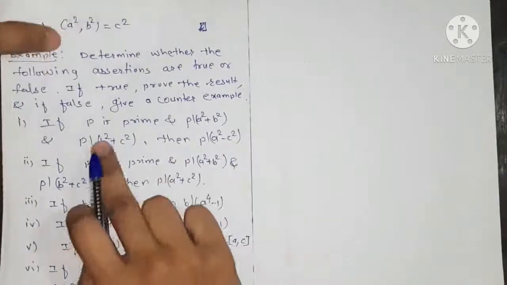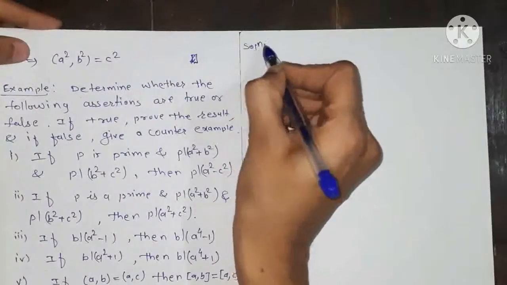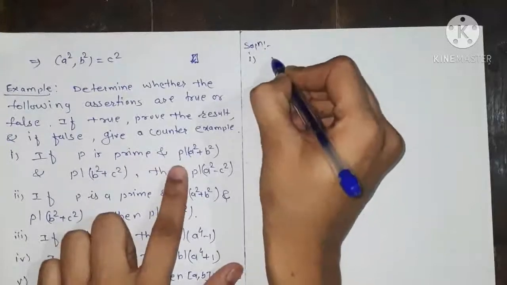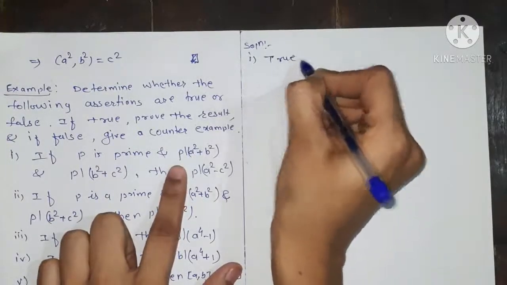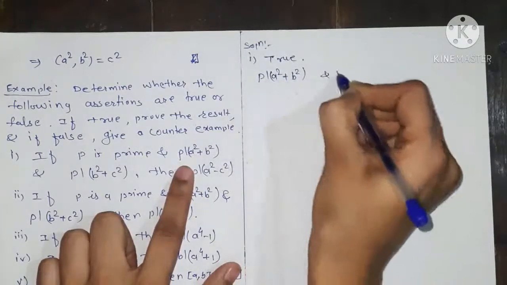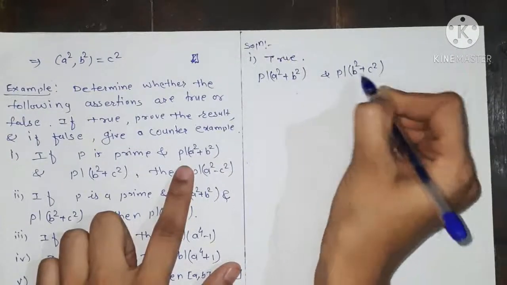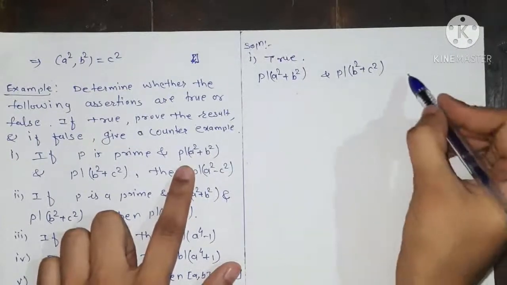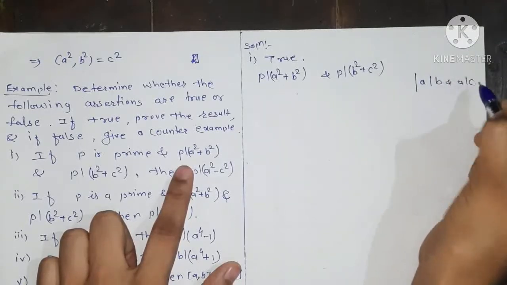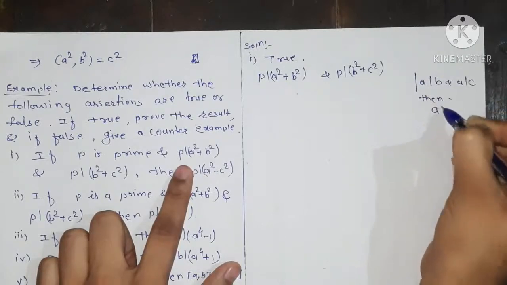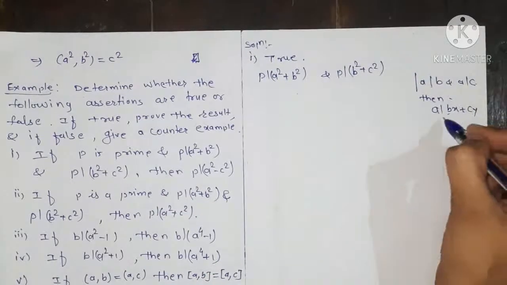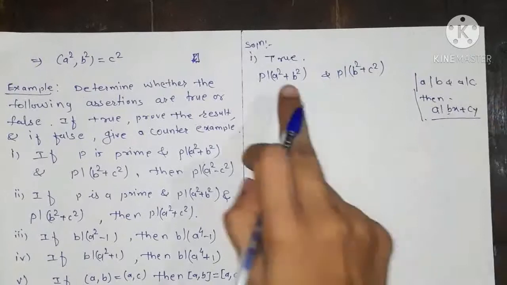So let's see the solution of the first one. Here P is a prime number. The first statement is true because P divides A square plus B square and P divides B square plus C square. As we know the property that if A divides B and A divides C, then A divides the linear combination of B and C, that is Bx plus Cy, we use this property of divisibility here.